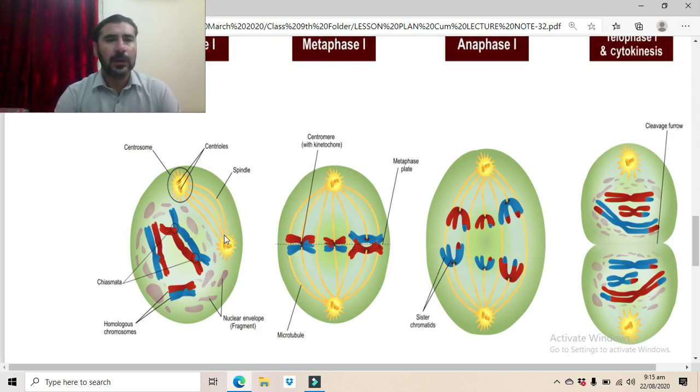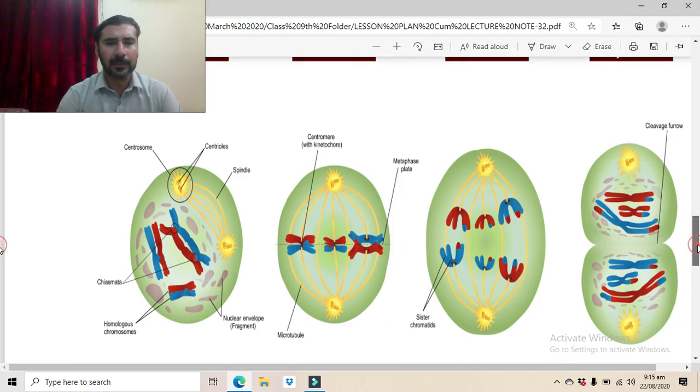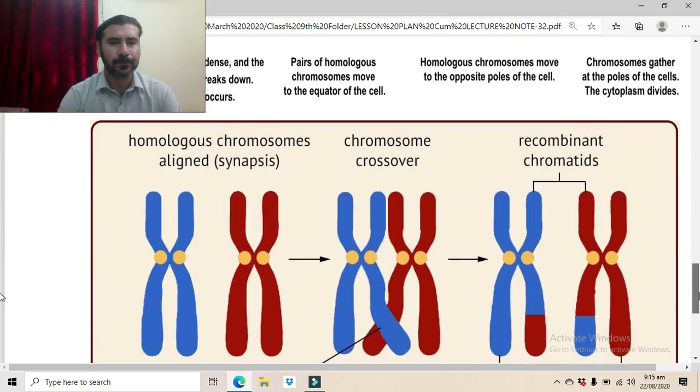This process of pairing is known as synapsis. In another diagram, it is shown here. Homologous chromosomes are aligned, or in other words, they line up with each other, and this process is known as synapsis. These two are homologous chromosomes and they are paired up with each other.